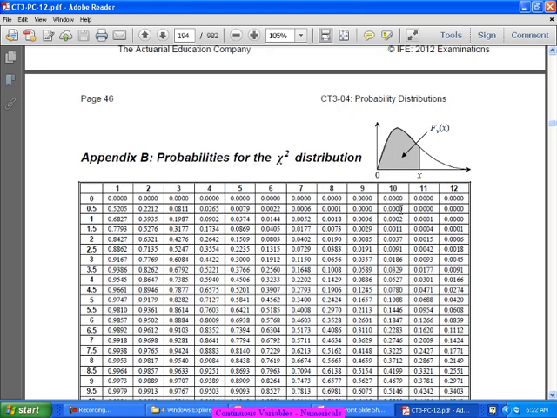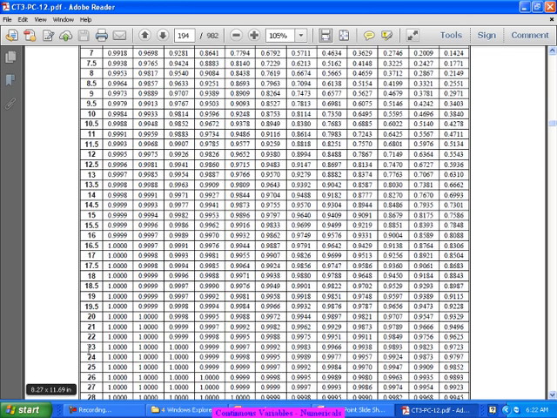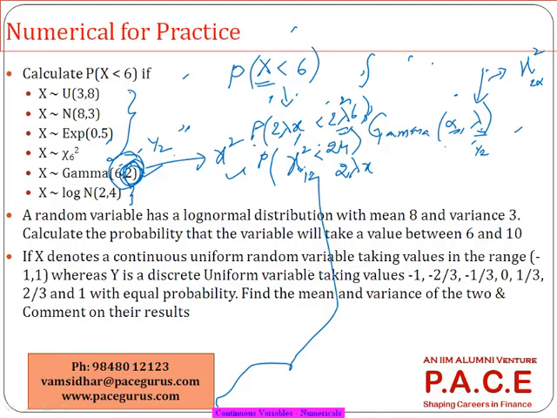So for 24, with 12 degrees of freedom, it is 0.9797. So there is a 97 or 98% chance that the chi-square value is less than 24 with 12 degrees of freedom.